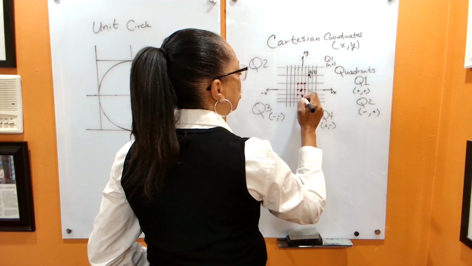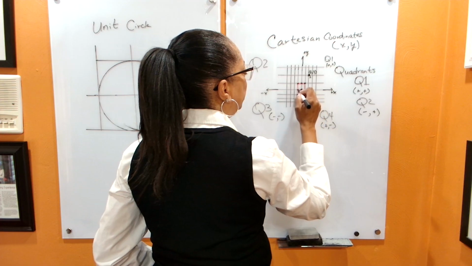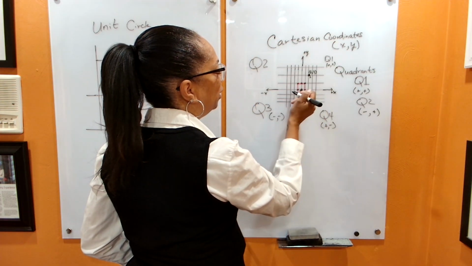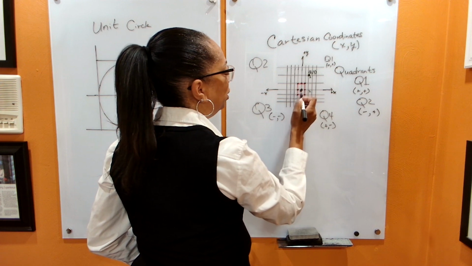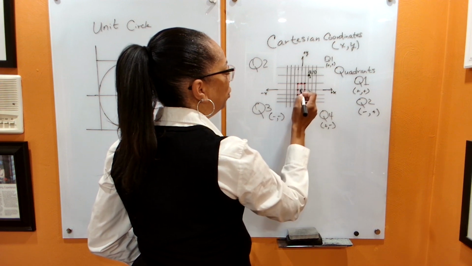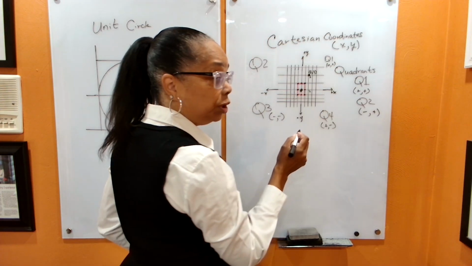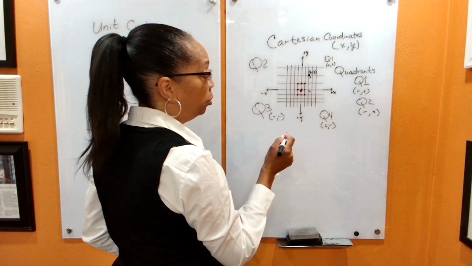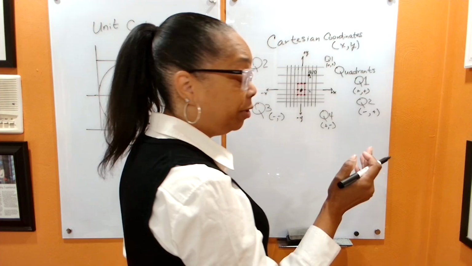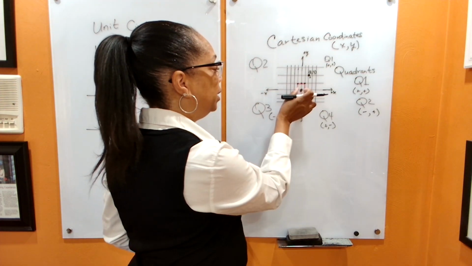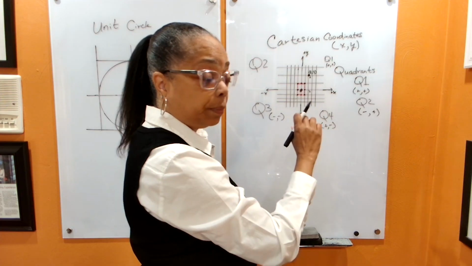All these points go no farther than 1 in magnitude. So this is like 1, 0. This is like negative 1, 0. This is 0, 1, negative 1, 0, positive 1. Then these on the corners, which don't have anything to do with our unit circle, but I just want to show for clarity that nothing related to these boxes is larger than 1.